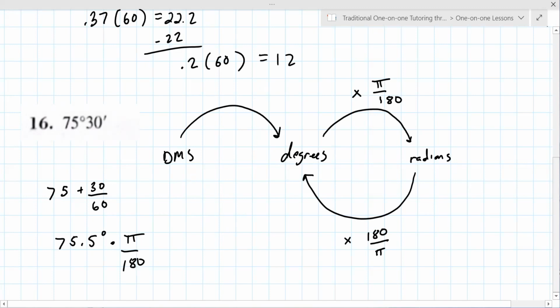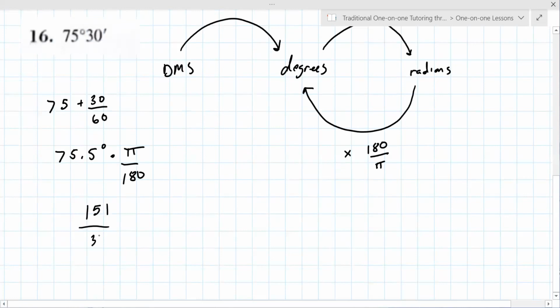And then normally you're given a nice degree, like 30 degrees or something, where it works out nice. Here, I don't really know how you're supposed to write your final answer, but if you do the part without the pi in your calculator and you divide 75.5 by 180 and you convert it to a fraction, you end up getting 151 over 360 pi, or 0.4194 radians.